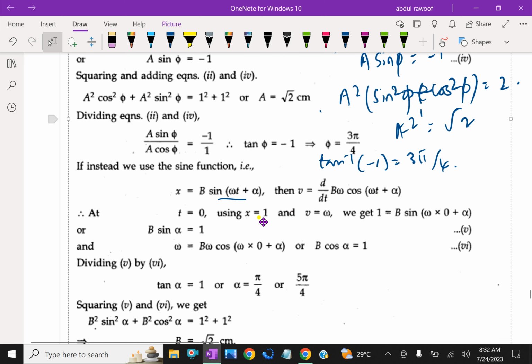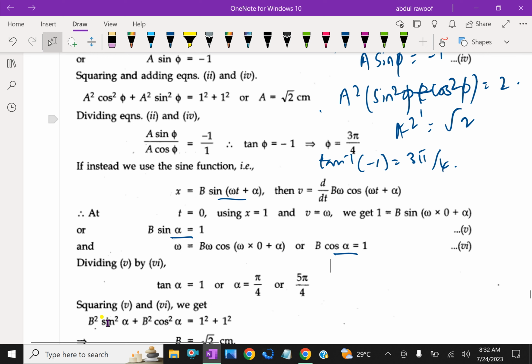Putting t = 0, using x = 1, the initial conditions given, v equals ω. So 1 equals B sin(ω·0 + α), which is B sin α. Then ω equals B ω cos(ω·0 + α), that is B cos α equals 1. So we have B sin α equal to 1 as well as B cos α equal to 1.